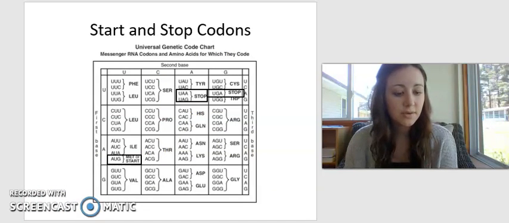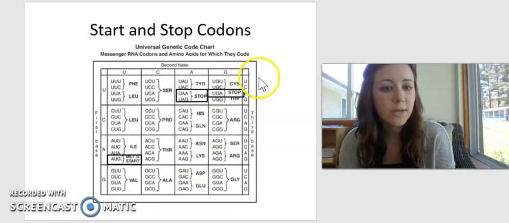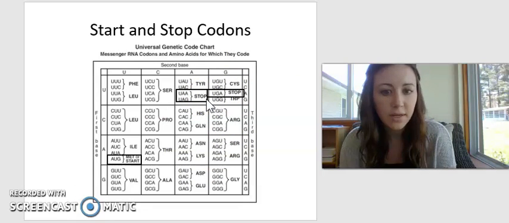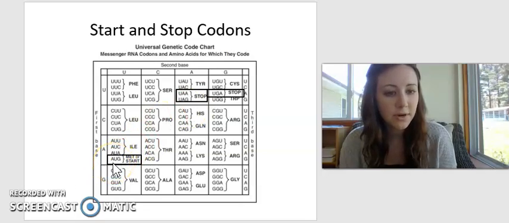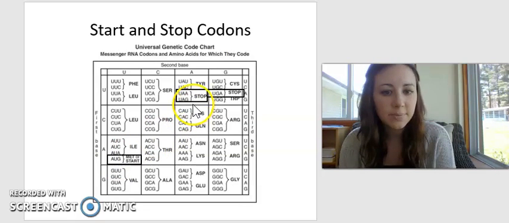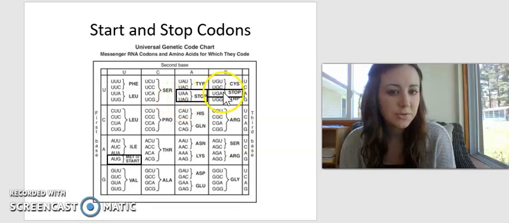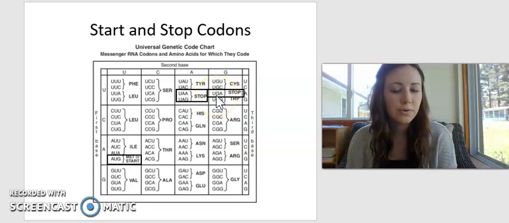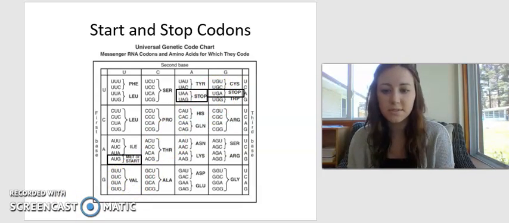That mRNA is going to signal for the ribosome to stop creating that protein when it encounters a stop codon. There's only one start codon, that AUG. Every mRNA strand, every protein sequence should start with methionine or the AUG. And the stop codons are UAA, UAG, and UGA. That's going to signal for the ribosome to stop translating this protein sequence.